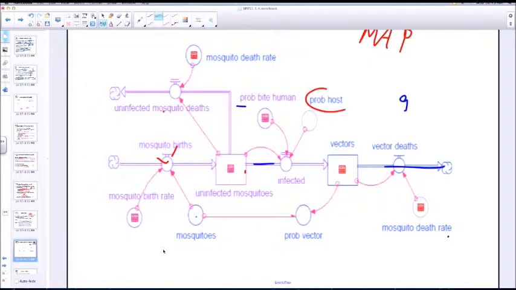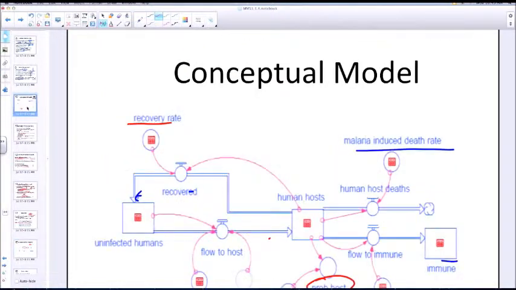See? The probability the human is a host, that's here. And the probability to bite a human is right here. So those two parameters are shared by both submodels, that's the connection.